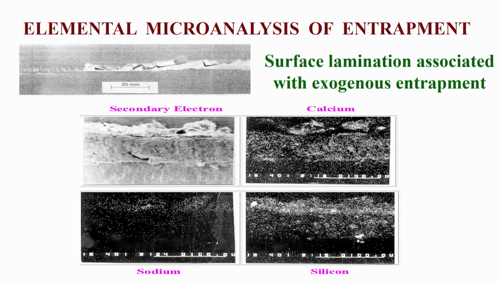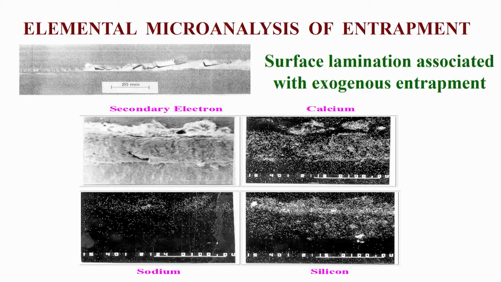If there was no entrapment, this would not happen. This is happening because there has been some large entrapment in the steel. When that entrapment comes near the surface, the steel surface gets torn, and crack formation happens. So, this is called surface lamination; an additional surface is getting generated.